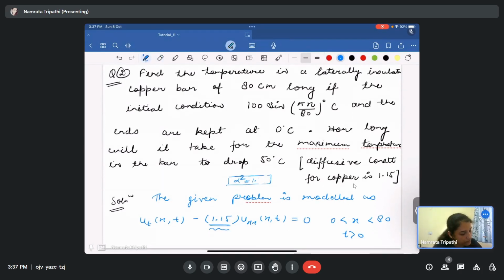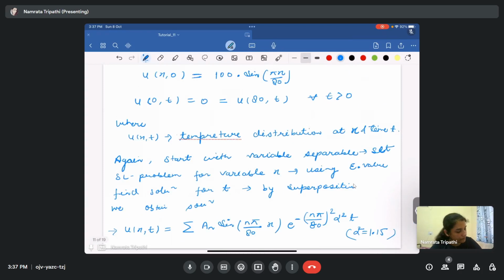This is just a symbol. Okay. Now we have to find the value of a_n by using the initial conditions.